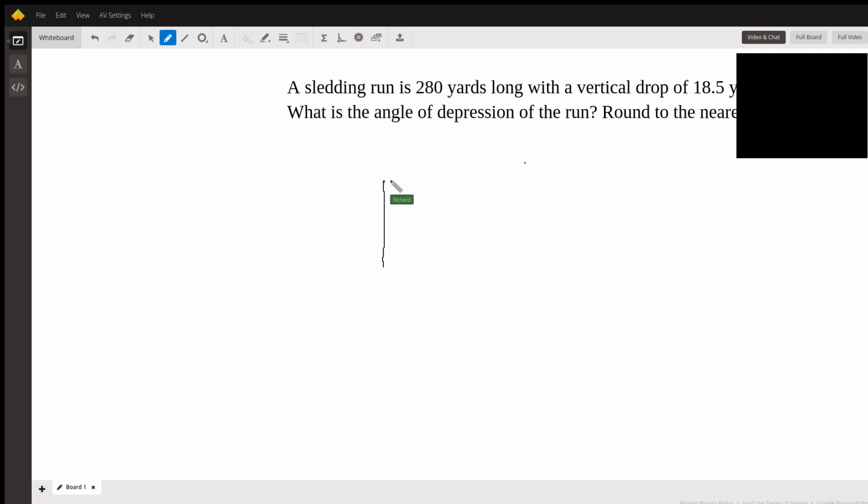And let me start with a diagram, which is always a good way to start. Whenever you're dealing with a word problem in geometry, you most definitely want to start with a diagram. So I'm going to start with this diagram here. And we have a sledding run.